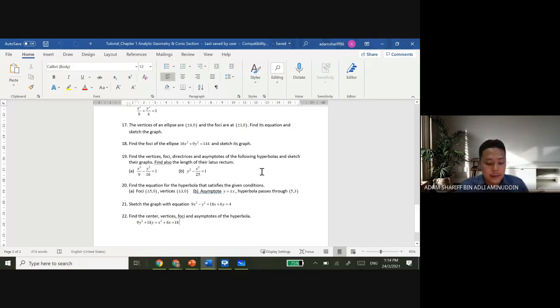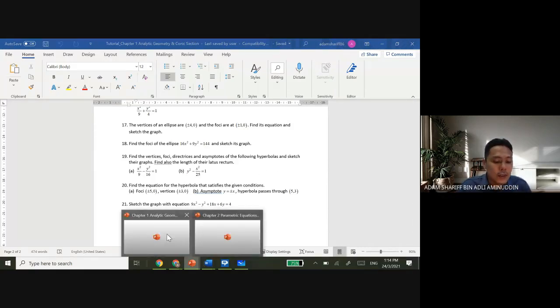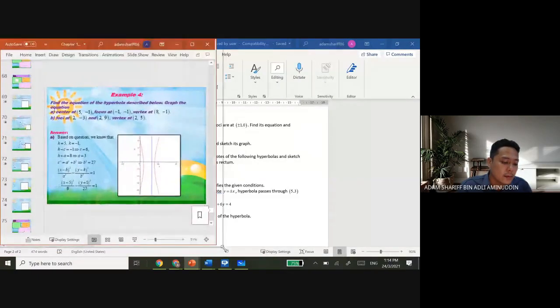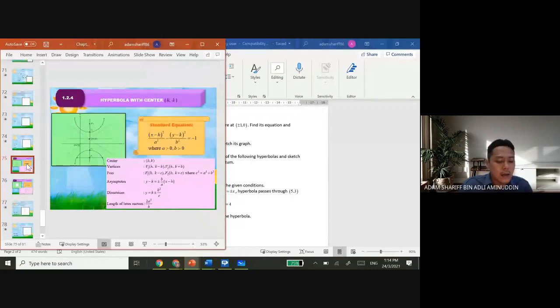Ingat balik, saya recap selalunya student, kalau standard form untuk hyperbola, dia x minus h squared minus, then it will be equivalent to positive 1 atau negative 1.